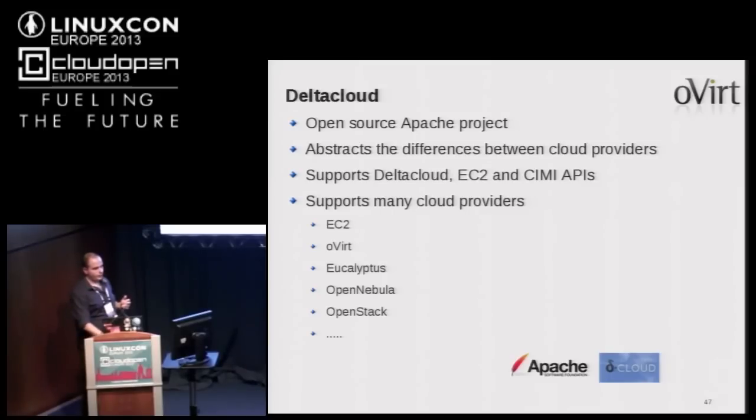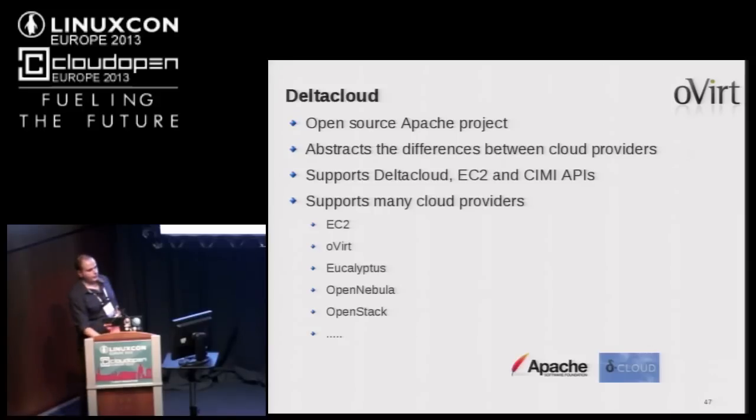They support three types of APIs currently. One of them is the Delta Cloud API, which is their own API, and the EC2 API, which is the Amazon Cloud API, and the CIMI API, which is the Cloud Infrastructure Management Interface API.